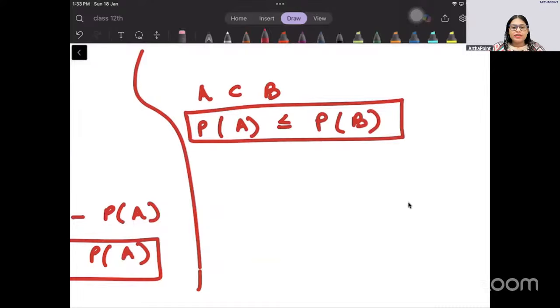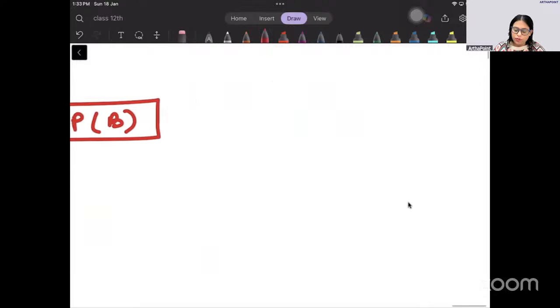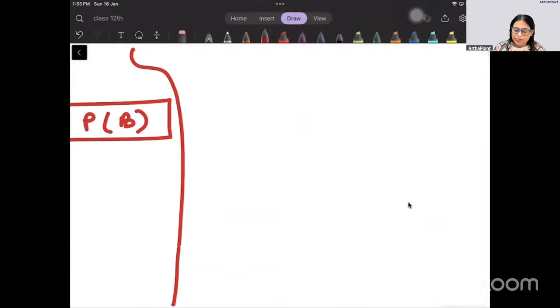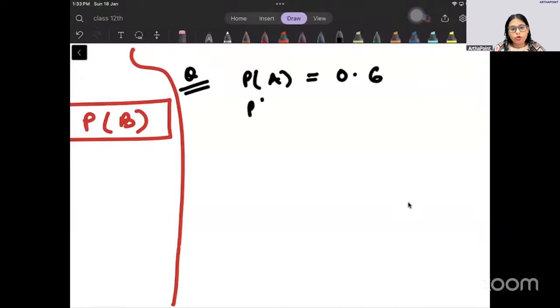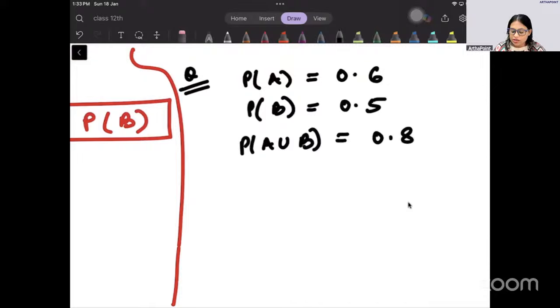Let's take a numerical, then we'll move forward. So quickly, a very simple question I'm giving you. All of you give it a try. The probability of A is 0.6. The probability of B is 0.5. The probability of A union B is 0.8.